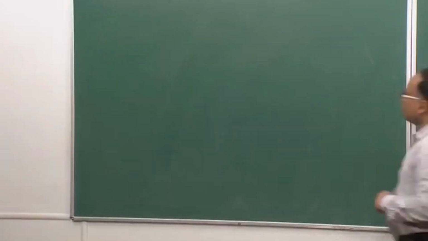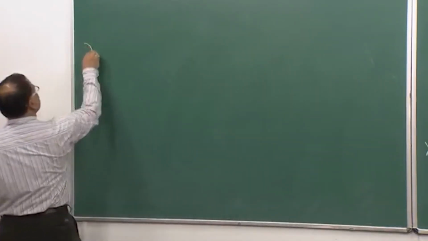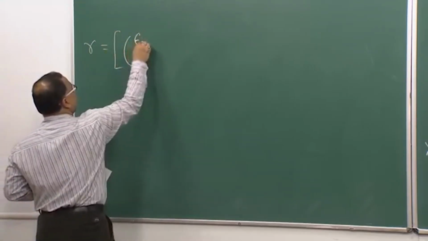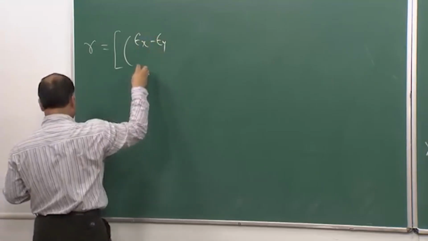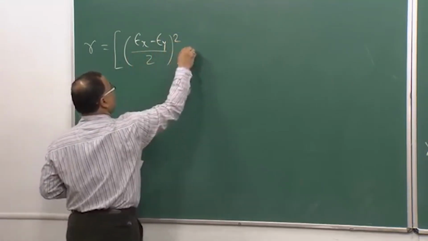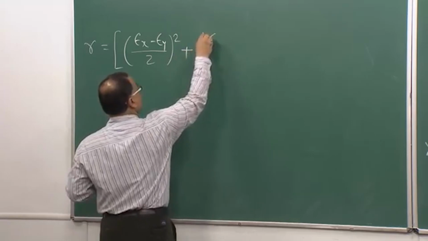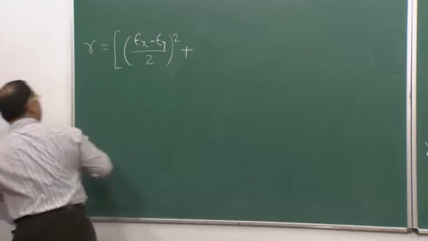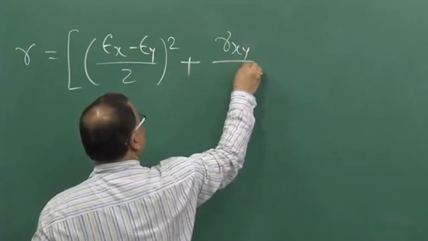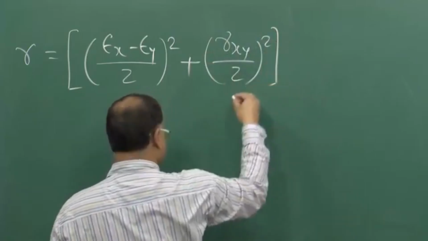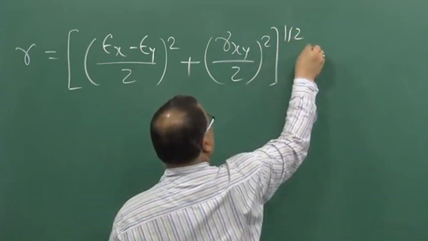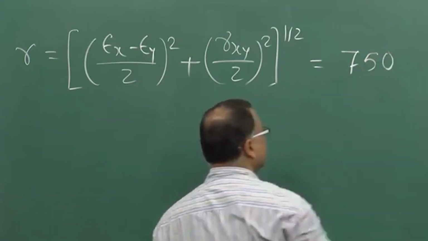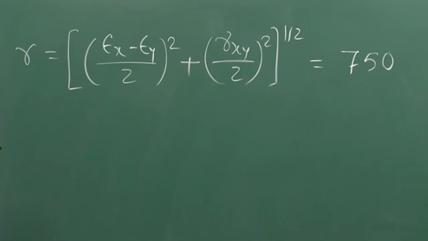Now, next job is to find out the radius of the Mohr circle r, and you know that is given by epsilon x minus epsilon y by 2 whole square plus gamma x y by 2 whole square, to the power half. So, if you do that, you will be getting that as 750. Okay, that is the radius of the Mohr circle.